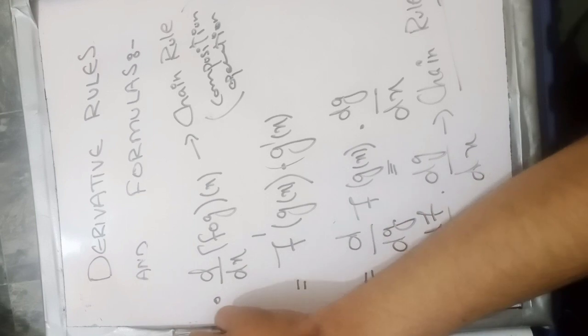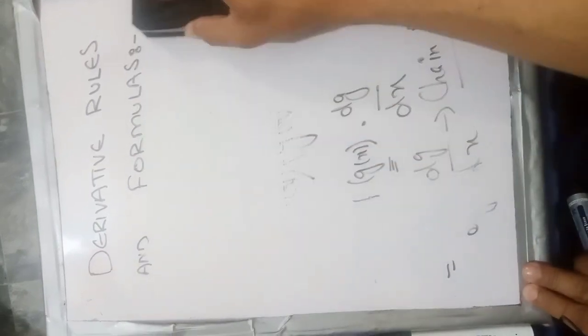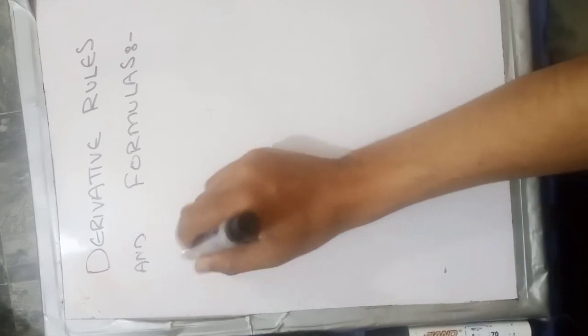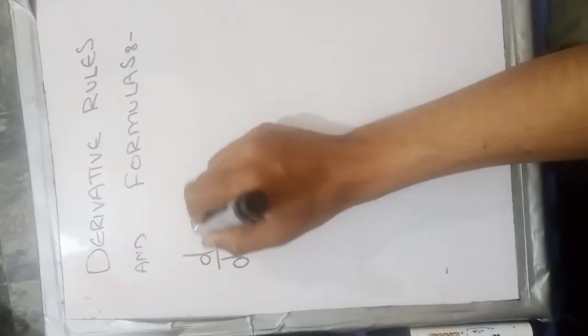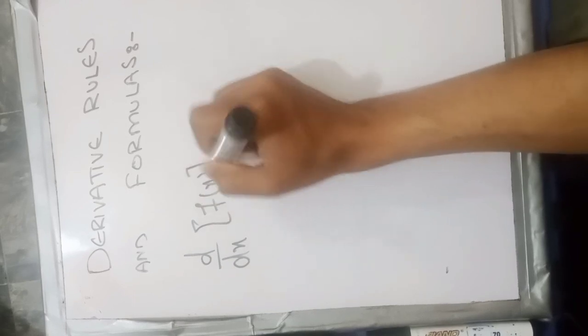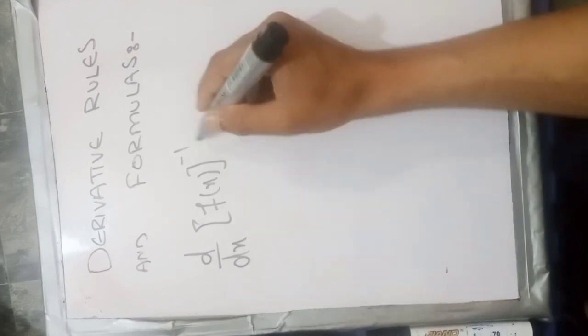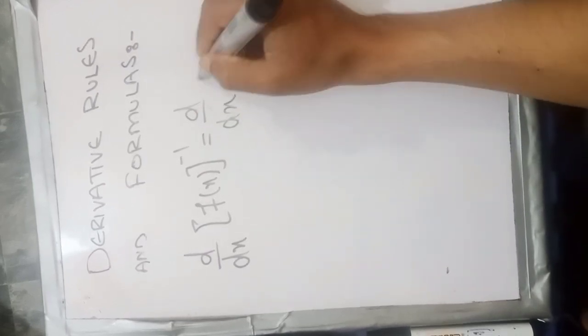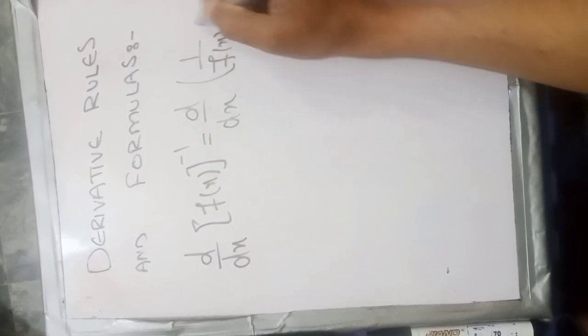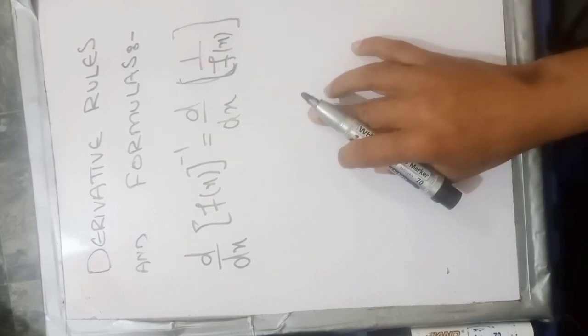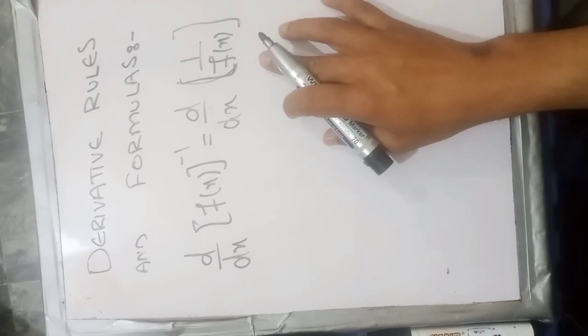Next, there are some more formulas which we need to clarify before going on to the exercises. After composition, there is the function of inverse. If there is a function like 1 over f of x, to differentiate such a function, what is the rule?